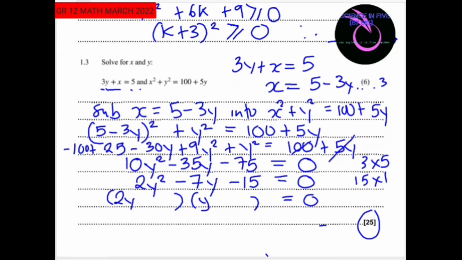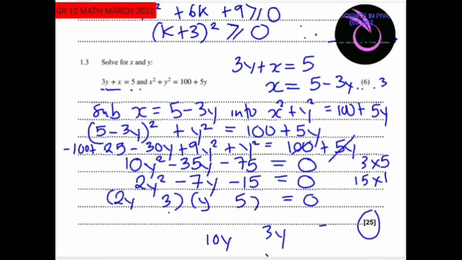What if I put the 5 there and then the 3 like that? I get 2 times y times 5, which is 10y, and 3 times y, which is 3y. Can I get 7y from 10y and 3y? Yes, 10y minus 3y will give me 7y.